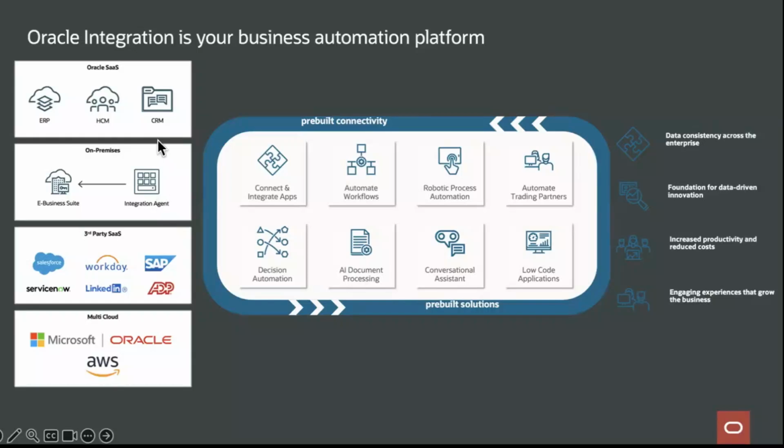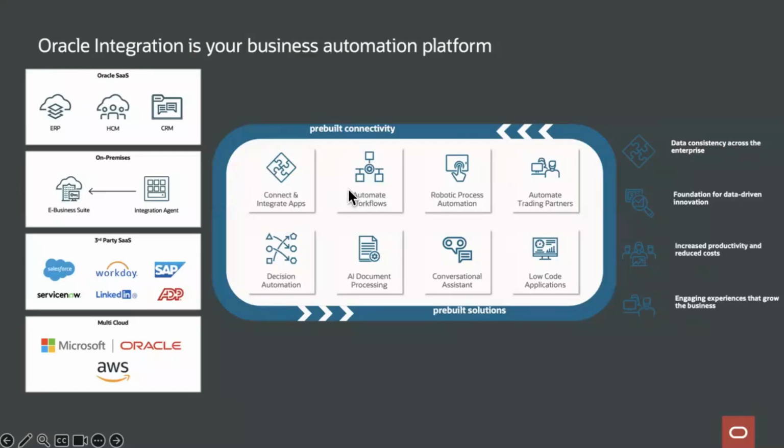You can also use this to connect not only to cloud applications, but also to on-prem applications, so hybrid sort of connectivity. And to do that, for example, if you have an on-prem application like E-Business Suite, you can use integration agents to connect to these private endpoints. And then also, as nowadays every company is moving towards a multi-cloud strategy, we have adapters into other cloud providers as well. So that's the heart of the tool.